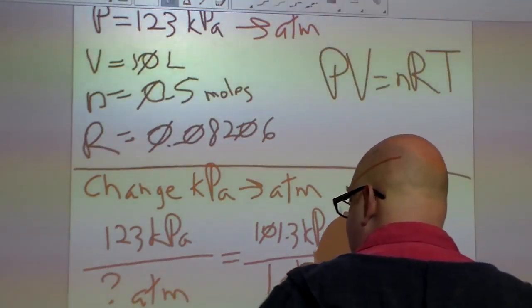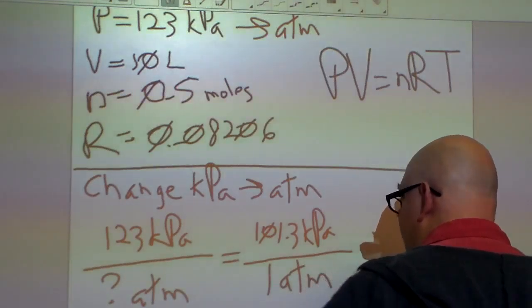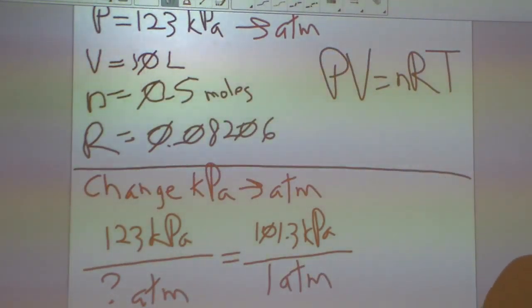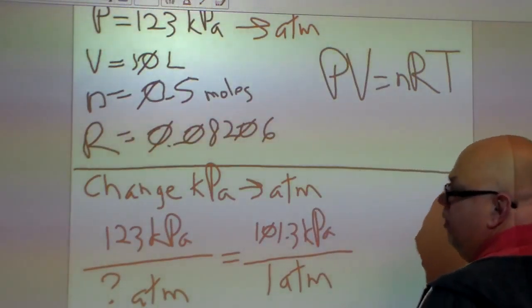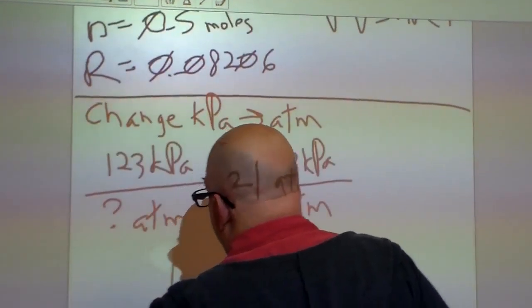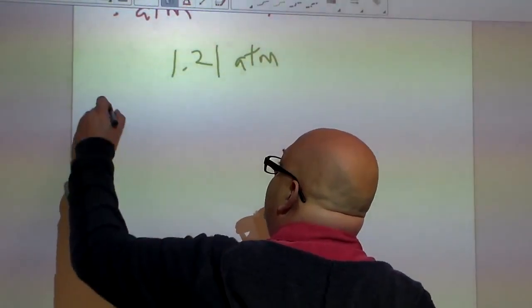So I end up getting 1.21 atmosphere of pressure. Okay, so now we figured out our first part. We're going to go ahead and move on. Now that we've figured that, we can now go ahead and plug it in.